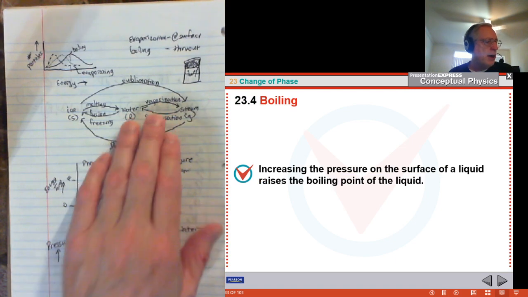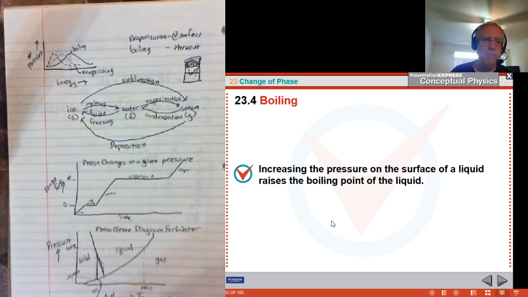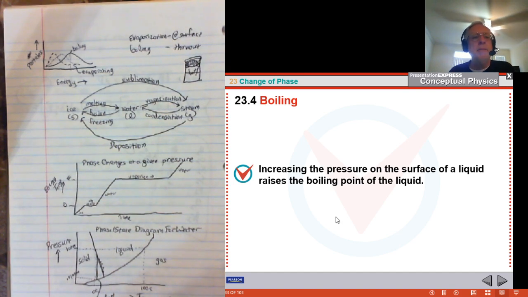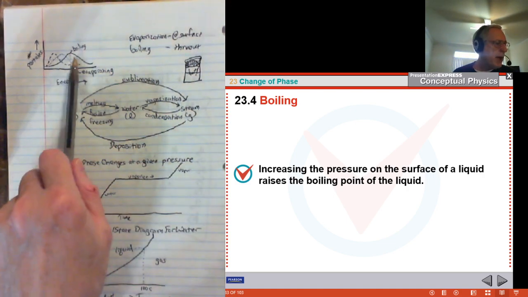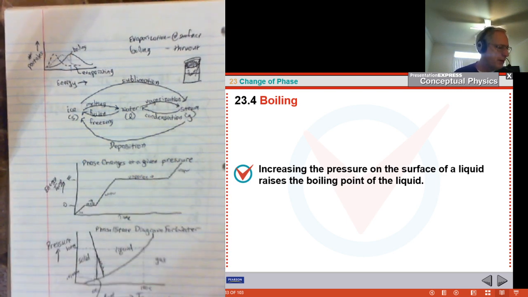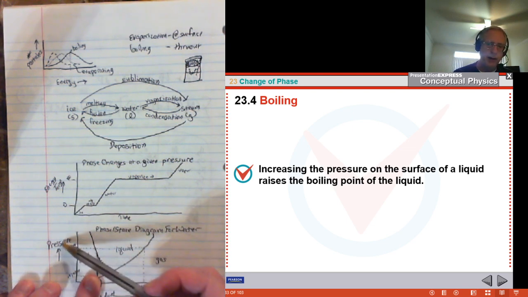But let's talk about the other type of vaporization, which is boiling. Basically, when you have enough energy, you boil. But you actually boil at different temperatures depending on pressure, so this is kind of a curve between liquid and gas, and this is pressure.